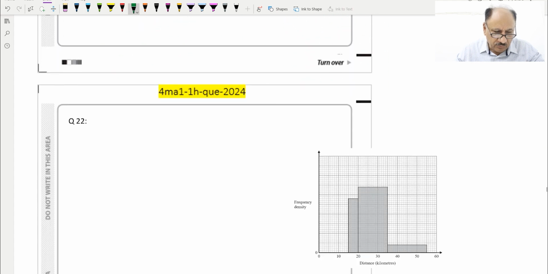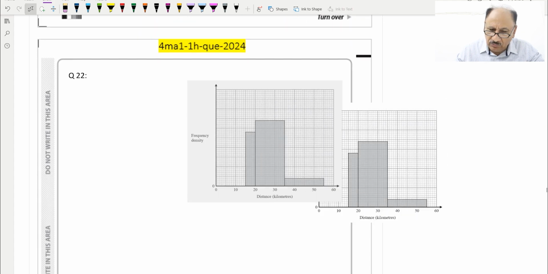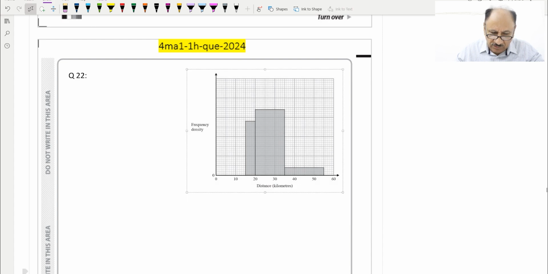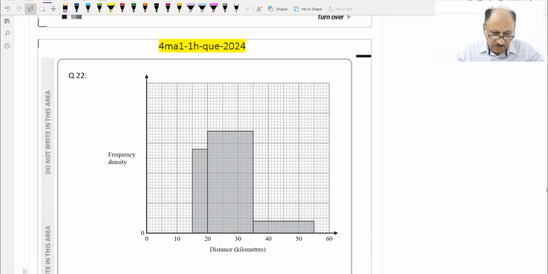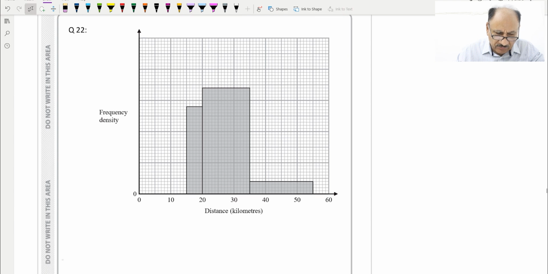Now we can move to question number 22, and this is the diagram which we will be referring to, and this is the incomplete histogram. If you go to the question, the incomplete histogram shows some information about the distances in kilometers that 100 adults ran last week. So the total is 100, and this diagram is provided.